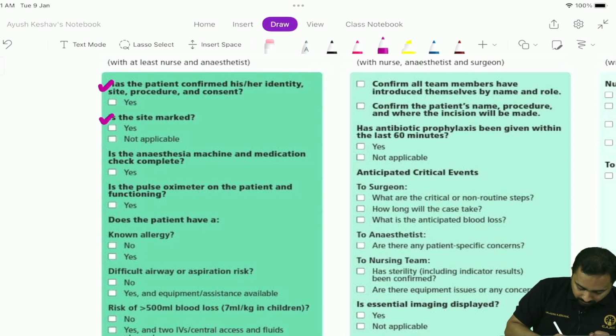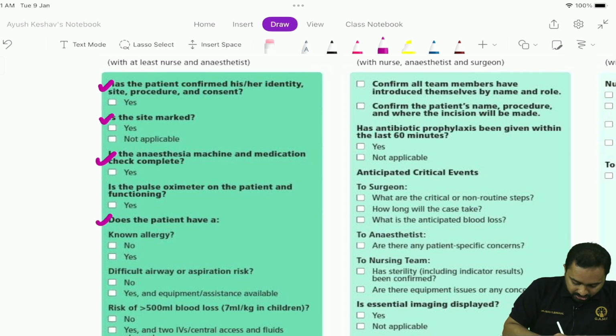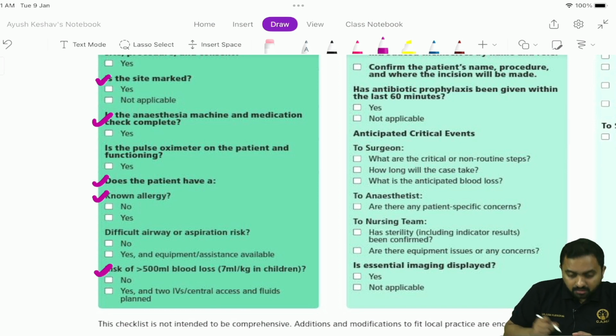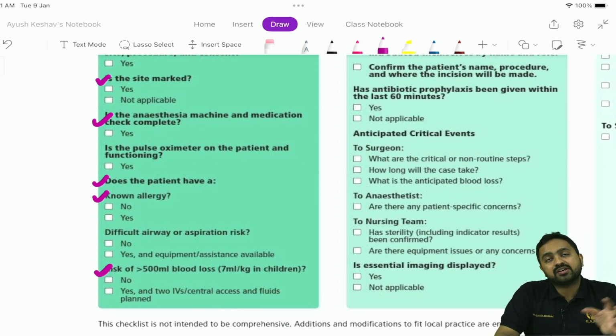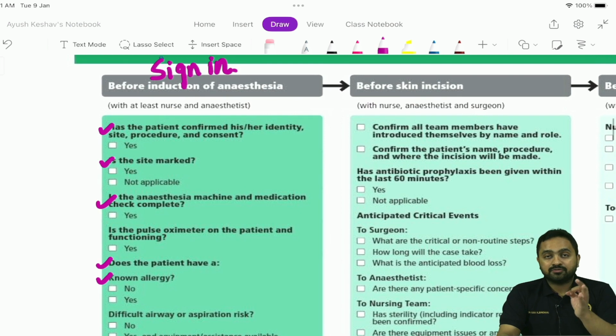Is the pulse oximeter on the patient and functioning? Then, if the patient has any known allergy, any difficult airway or aspiration risk, or risk of more than 500 ml blood loss, or 7 ml per kg in case of children. So these are your components of sign in.